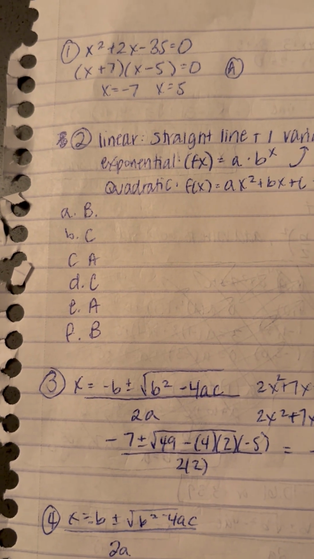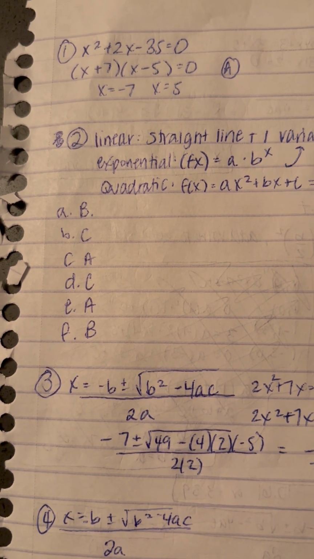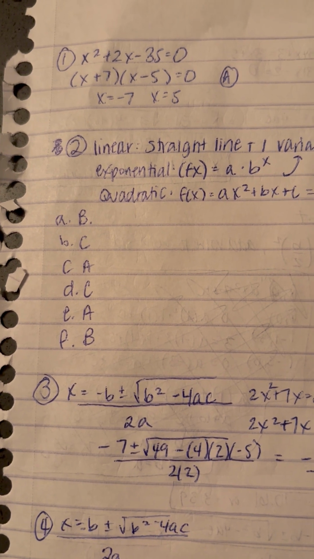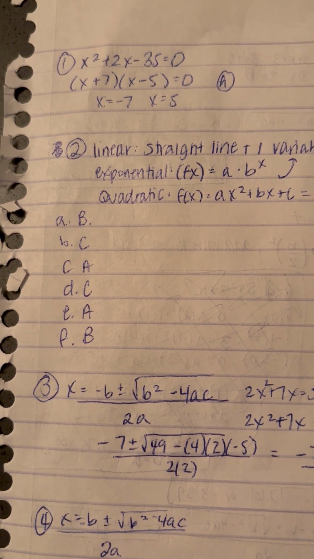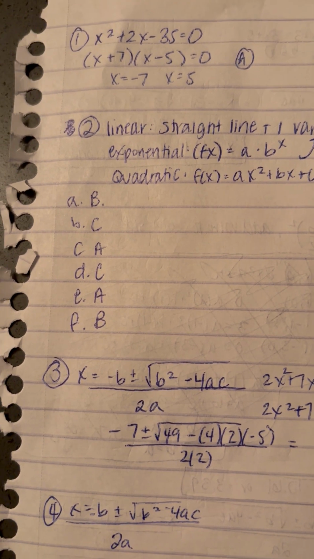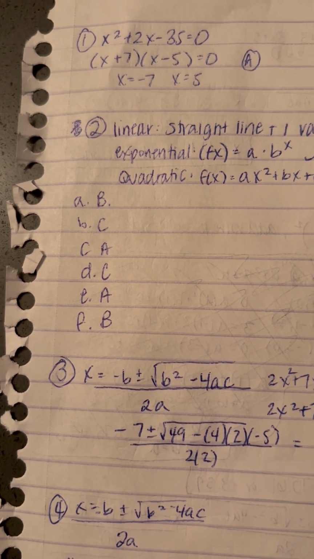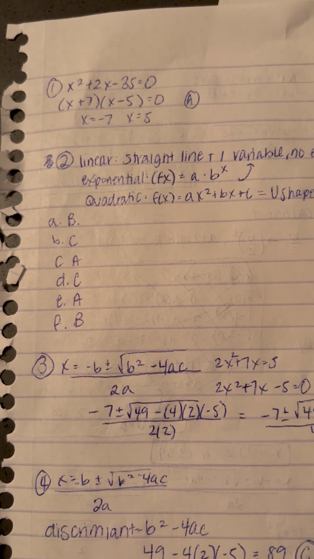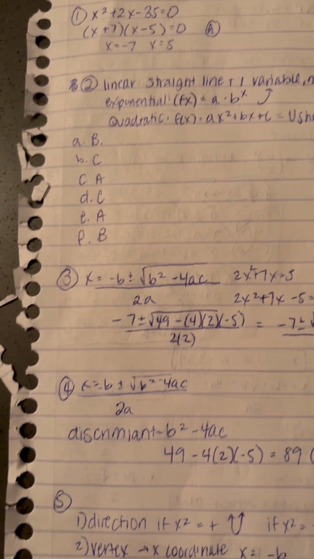So clearly with that, the answers here would be A is B, B is C, C is A, D is C, E is A, and F is B. Feel free to text me if you have any questions there.